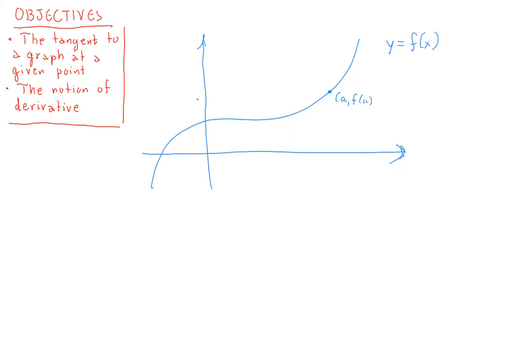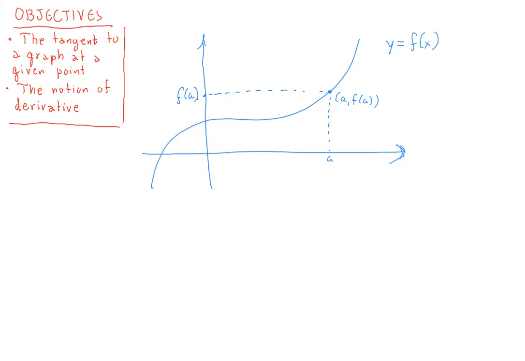So this point will look like a comma f of a, where a is some number. So here's the number a, and this will be the number f of a. Right? That's how we form the graph of a function, by taking all points where we juxtapose input and output.